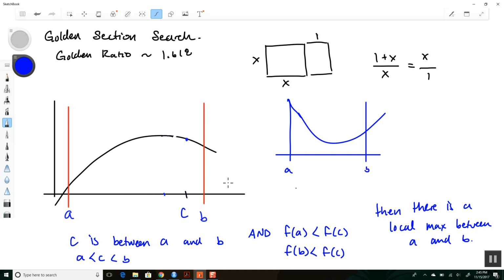Actually, I will write the code or the algorithm for minimizing the function, and if you want to apply it to maximizing, all you do is multiply the function by -1. If you find the minimum of the function multiplied by -1, you're going to find the maximum of the original function.